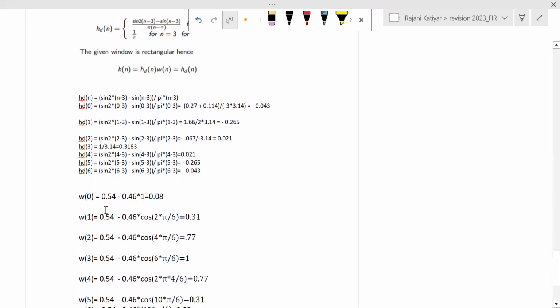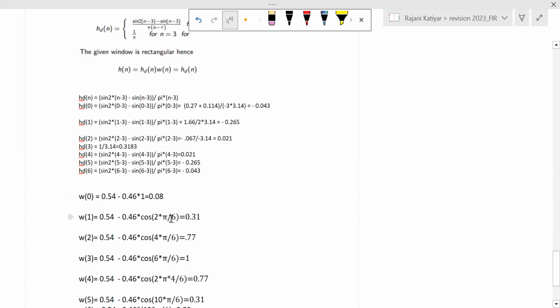So in the very first case, we will take the equation when n is equal to 0. In that case, W0 is equal to 0.54 minus 0.46 into cos of 0, which is nothing but equal to 0.08. For the small n value of 1, W1 is equal to 0.54 minus 0.46 cos(2πn) with small n value 1, divided by capital M minus 1.